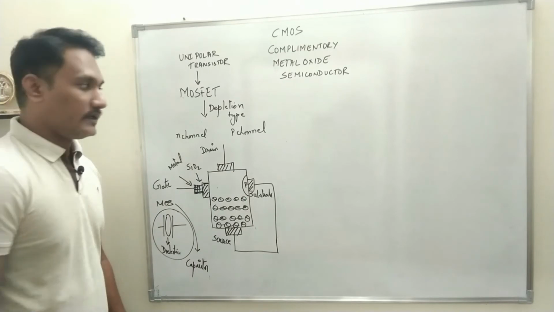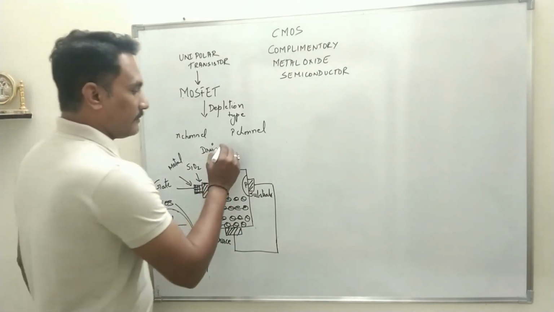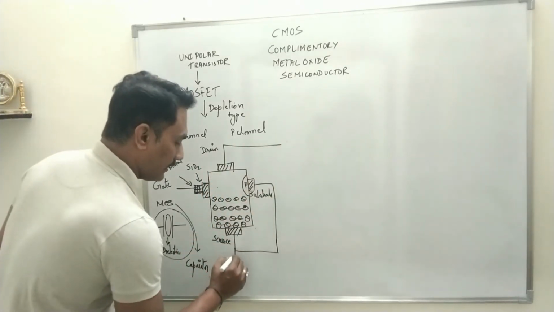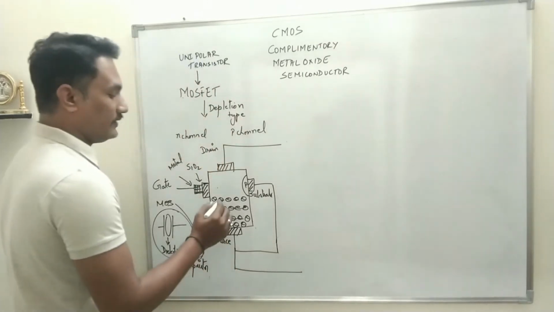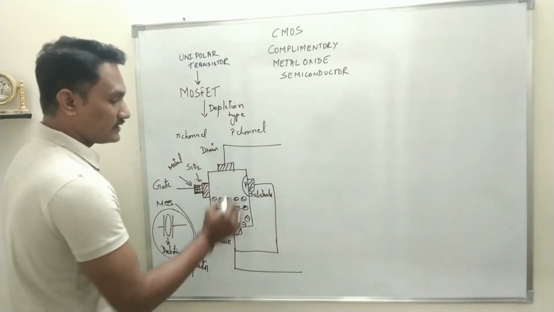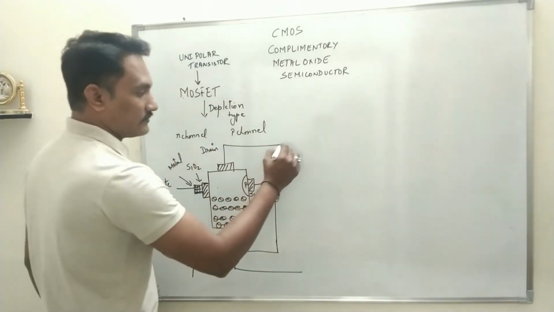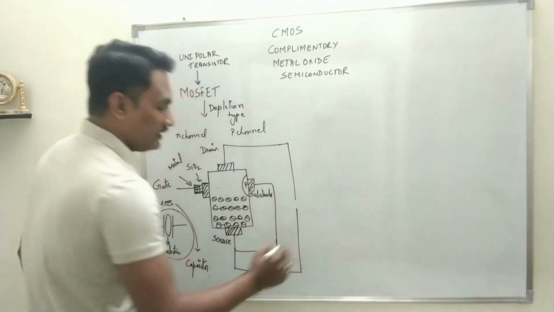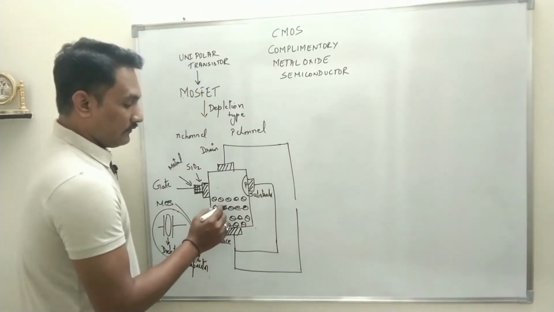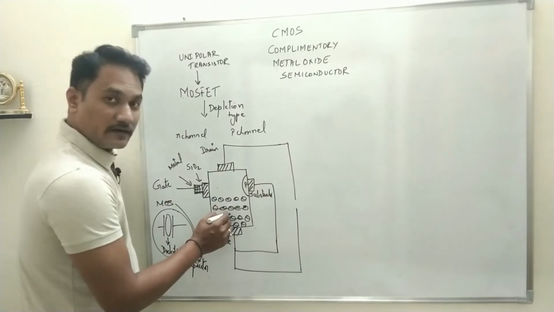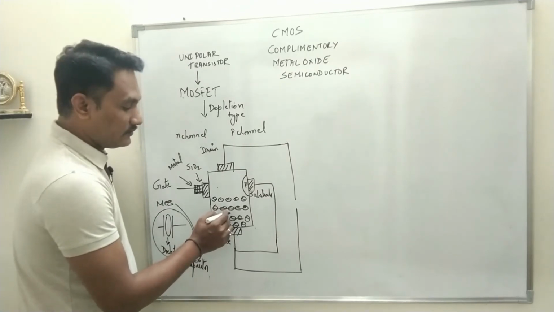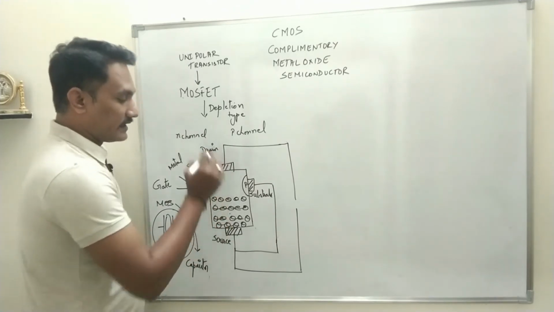Now let's say initially we apply a voltage between source and drain so that current flows from source to drain. Current will be because of the electrons, so electrons have to be repelled from this terminal and attracted by this terminal.